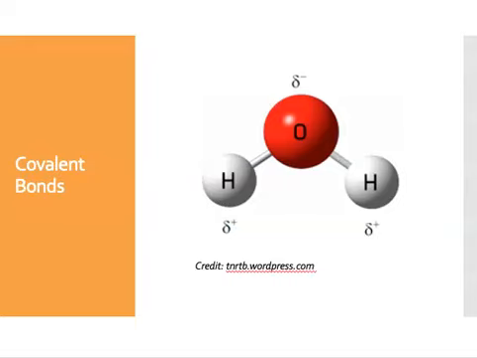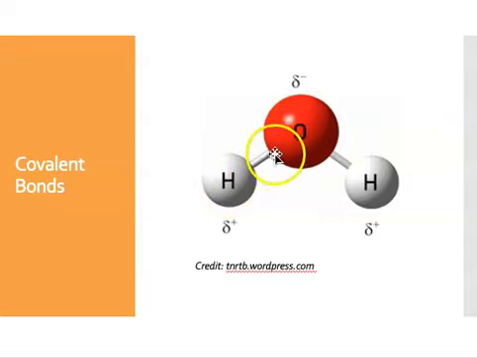So the difference between polar and nonpolar covalent bonds is all about these partial charges. And the partial charges occur when there's a difference in electronegativity between the two atoms that make up the bond. If one atom has a higher electronegativity than the other atom in the bond, the electrons are going to be shared unequally.